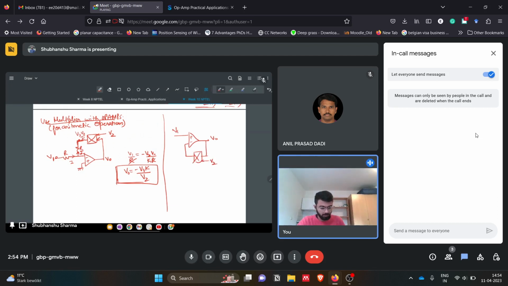So V naught is being fed back through this multiplier, and we get at the output of this analog multiplier V naught V2 by K. Since these two voltages should be equal because of the virtual short, V1 equals V naught V2 by K. So V naught will be V1 K by V2. So this was the inverting configuration for using multipliers to get the division operation, and this is the non-inverting configuration.